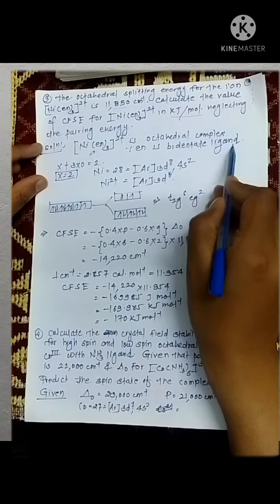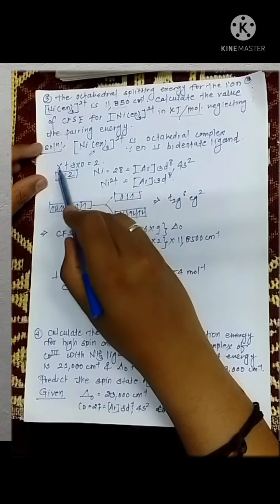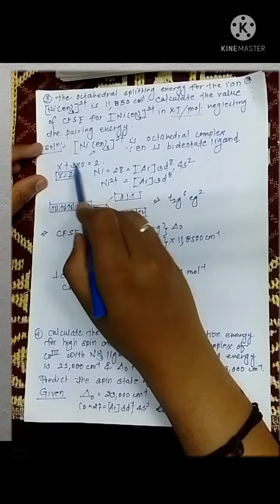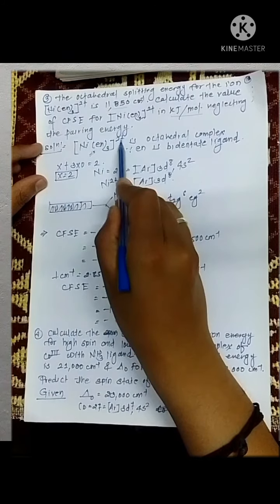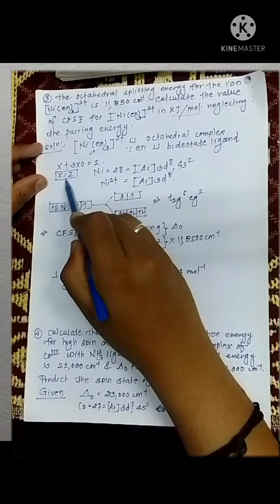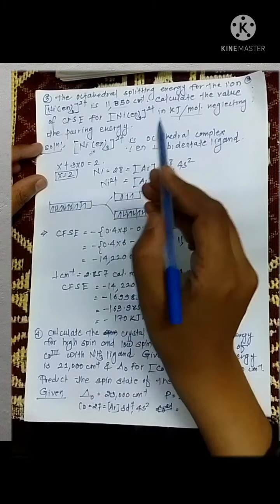Now we are going to calculate the charge on nickel. So x plus 3 multiplied by 0, since en is a neutral ligand, and the charge on the complex is 2, so x is equal to 2. So nickel is present in this complex in the 2+ state.